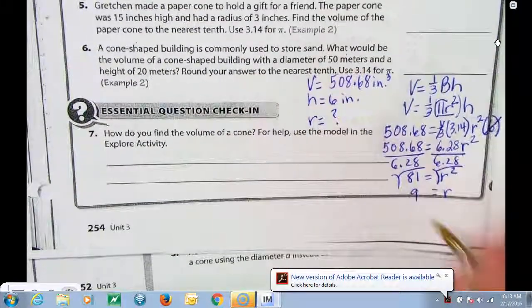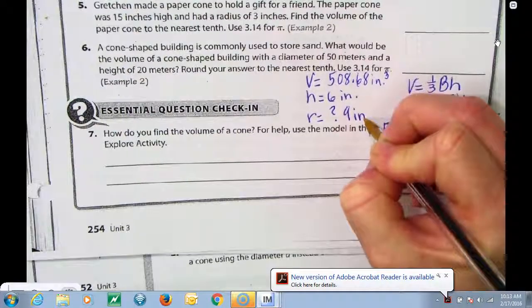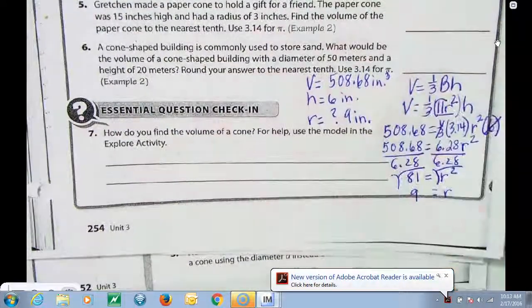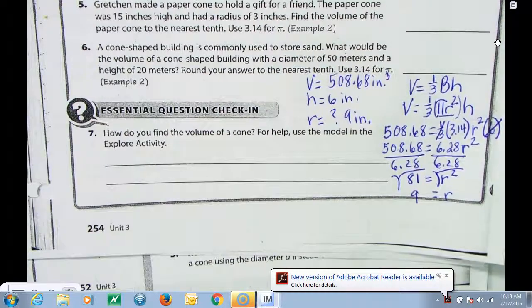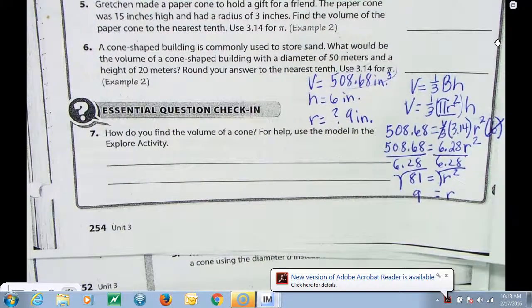It's 9. So it's 9 what? Just 9 inches, guys. The volume is in cubic inches. I'm trying to get the radius of the circle. It's 9 inches. That's all it is.